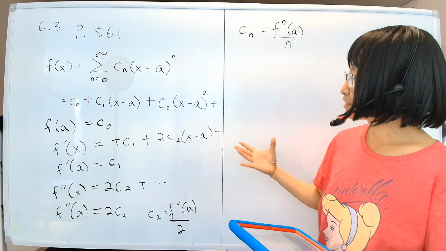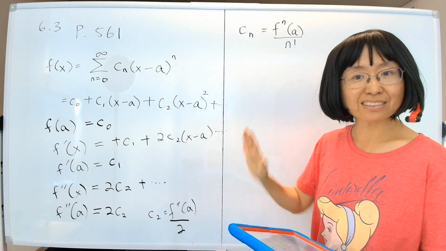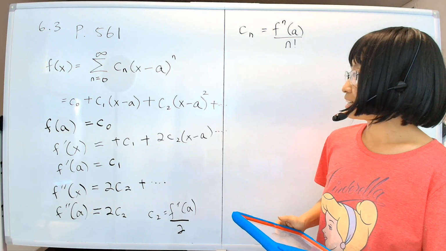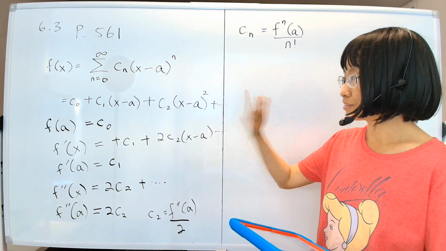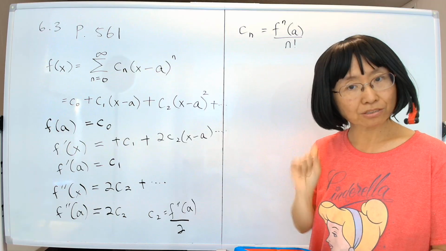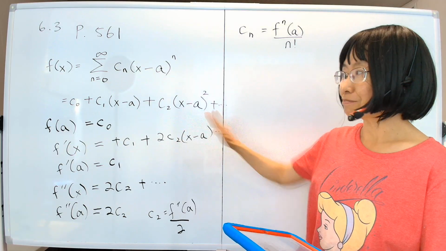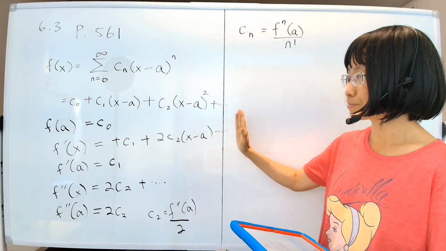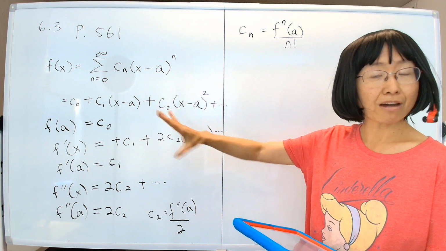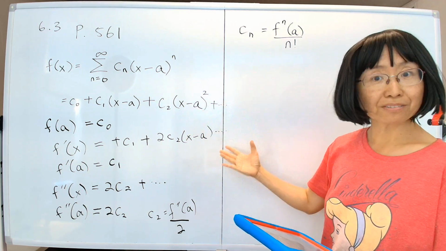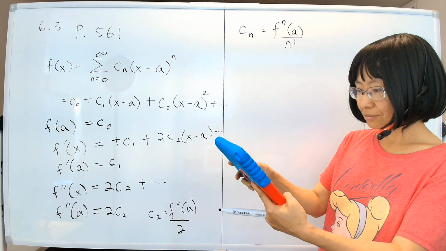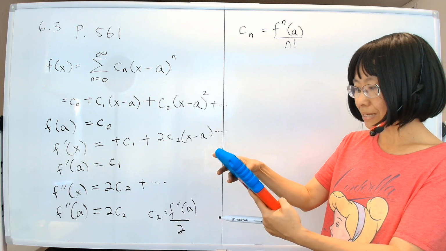So the Taylor series is not a very comfortable thing to do, because you have to take so many derivatives, but it's doable. With enough patience, you can calculate the Taylor expansion with this formula to however many terms that you need. So this thing is called the Taylor expansion.